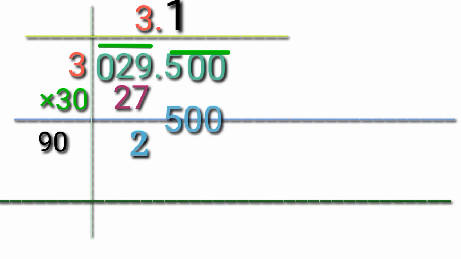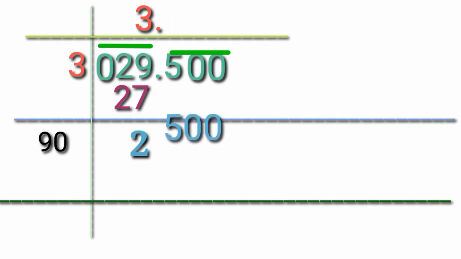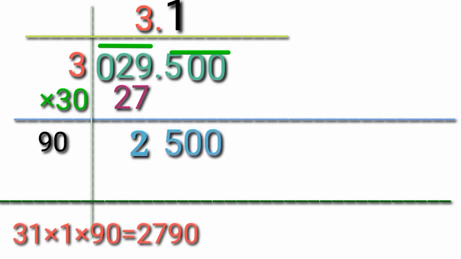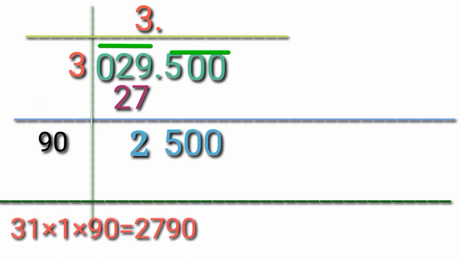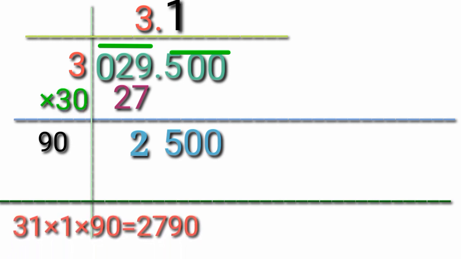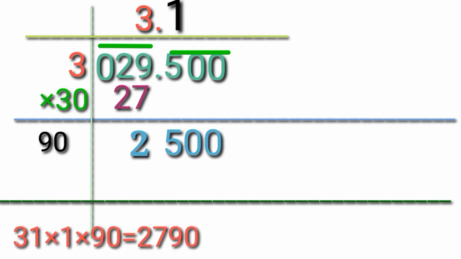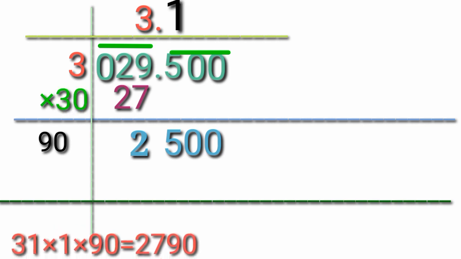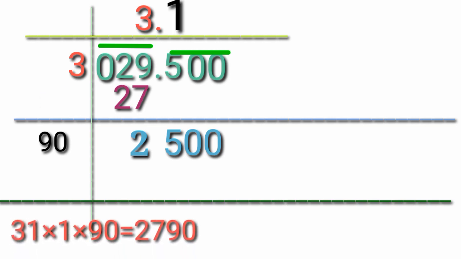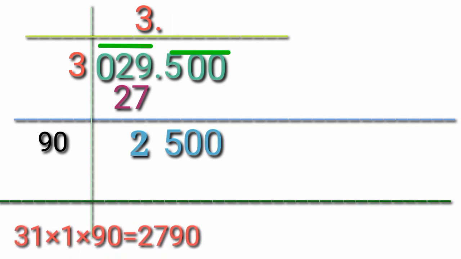Now carry down the next pair, 500. If you put 1 next to the top 3, that is the quotient place. Then we calculate 31 into 1 into 90, which is 2790, which is greater than 2500.